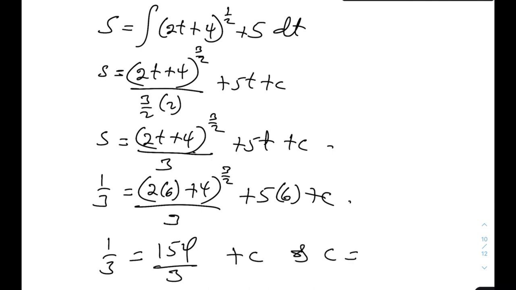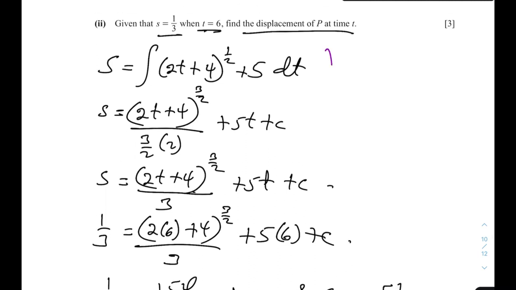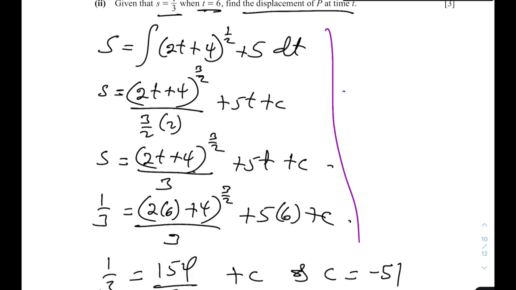So that implies that c is going to be 1/3 minus that, okay? So 1/3 minus our answer, which is equal to negative 51. So we can confidently write that our displacement is going to be (2t plus 4) to the power 3 over 2, all over 3, plus 5t minus 51, right?